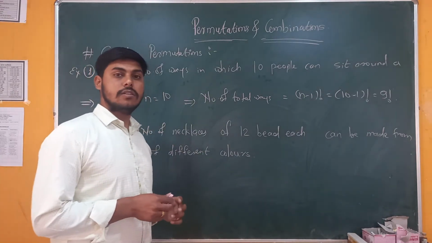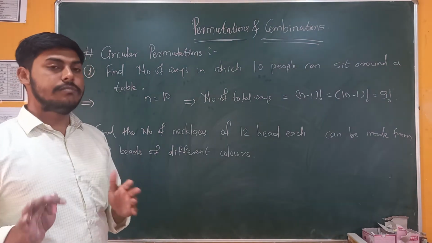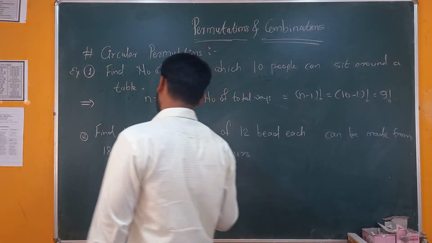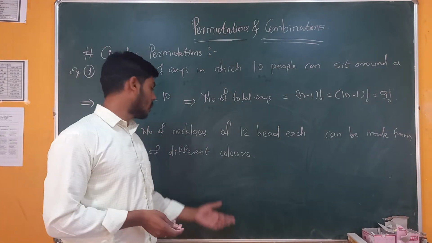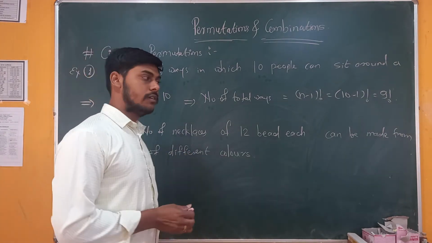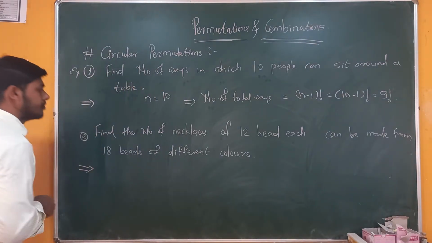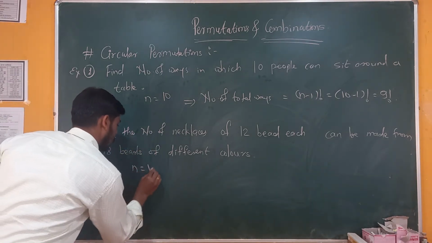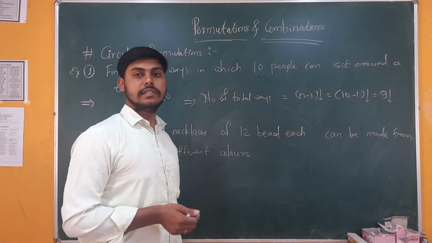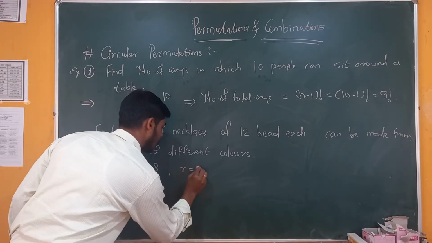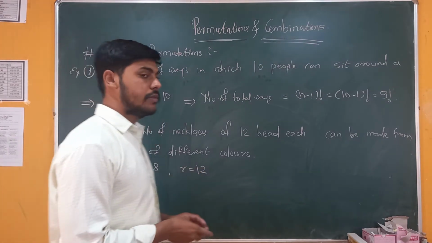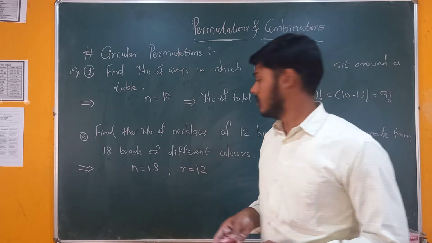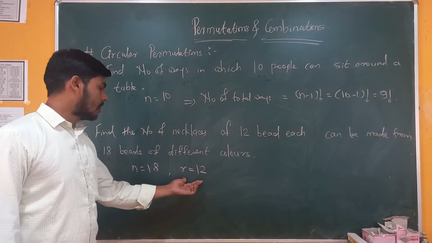We are given 18 beads of different colors, and we have to make necklaces using 12 beads out of these 18 different colored beads. So the total number of distinct objects is 18, and we have to arrange only 12 beads each. So here n equals 18 and r equals 12.